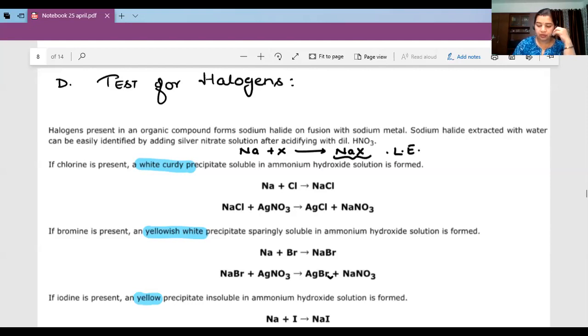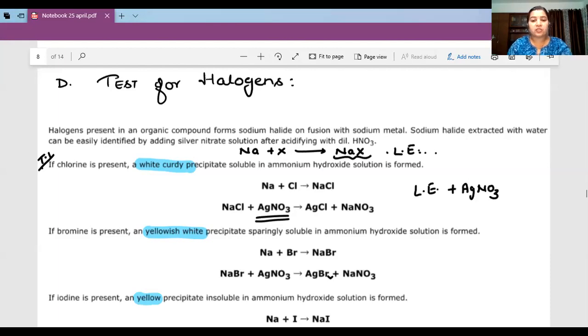So now we have prepared the Lassaigne's extract. Our test 1 is with AgNO3. So we take a small amount of Lassaigne's extract in a separate test tube, and to it we add AgNO3.